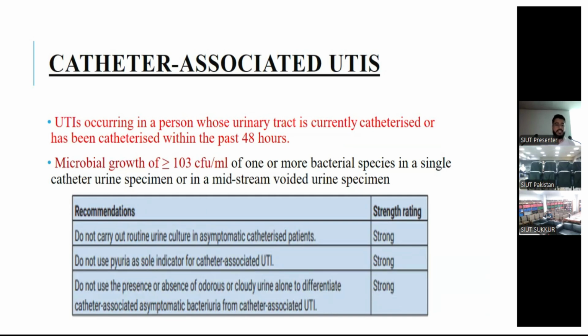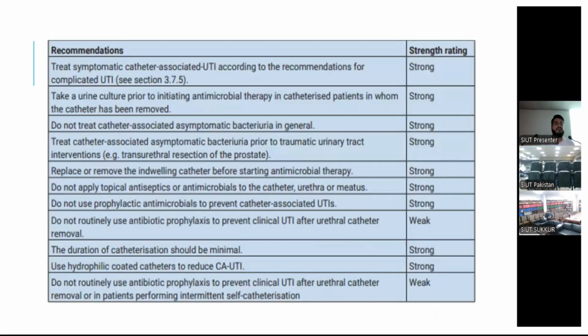As per guideline recommendation, do not carry out routine cultures in asymptomatic catheterized patients, and don't use pyuria or the presence of cloudy urine to label it as a catheter-associated UTI. Treat symptomatic catheter-associated UTI according to the recommendation for complicated UTI.